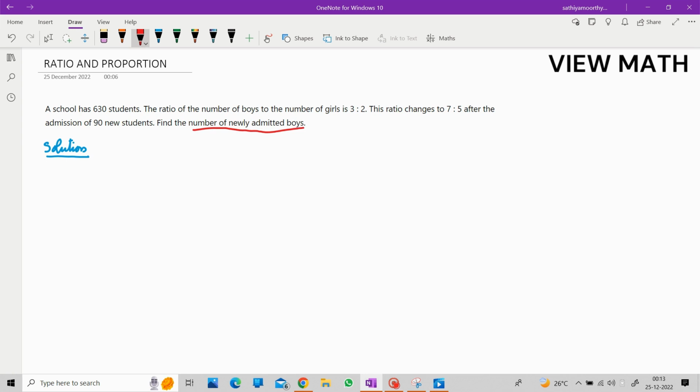So what is given is the total number of students is 630. Let me write down what is given first. Number of boys plus number of girls is equal to 630.